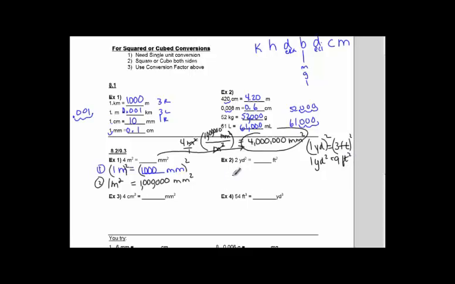So then what we have are 2 square yards. I'm going to multiply that by the conversion factor of what we want to get rid of is on the bottom, what we want to keep is on the top. So we'd have 1 square yard is equal to 9 square feet.